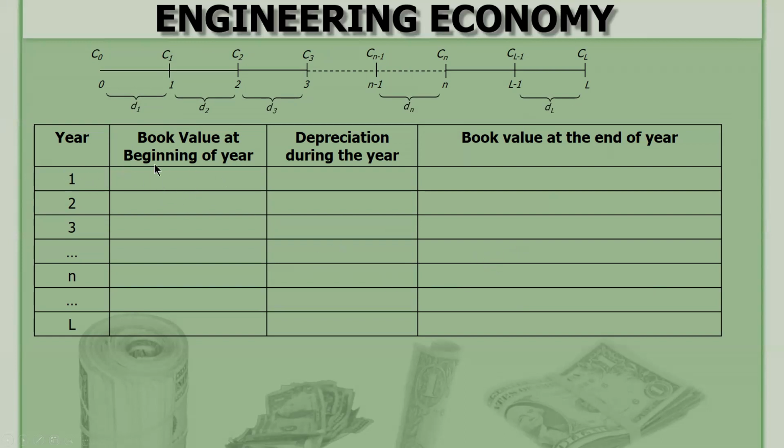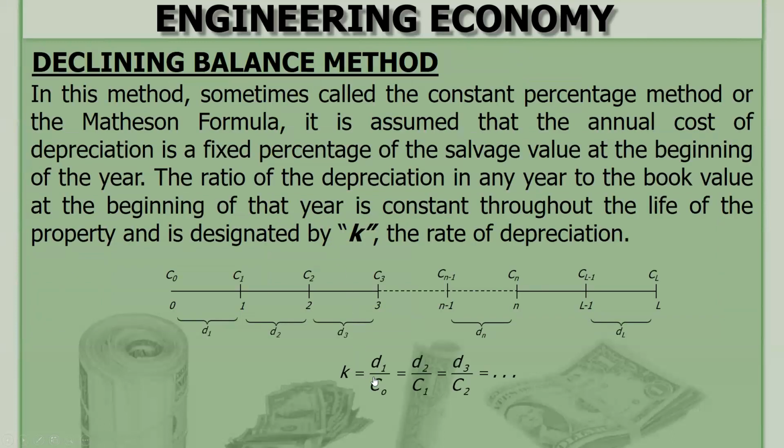For the first year, the book value at the beginning of the year is C sub 0. And then the depreciation during the year is D1. Okay? D1 is K times C sub 0. Recall, to solve for D1, you just cross multiply.